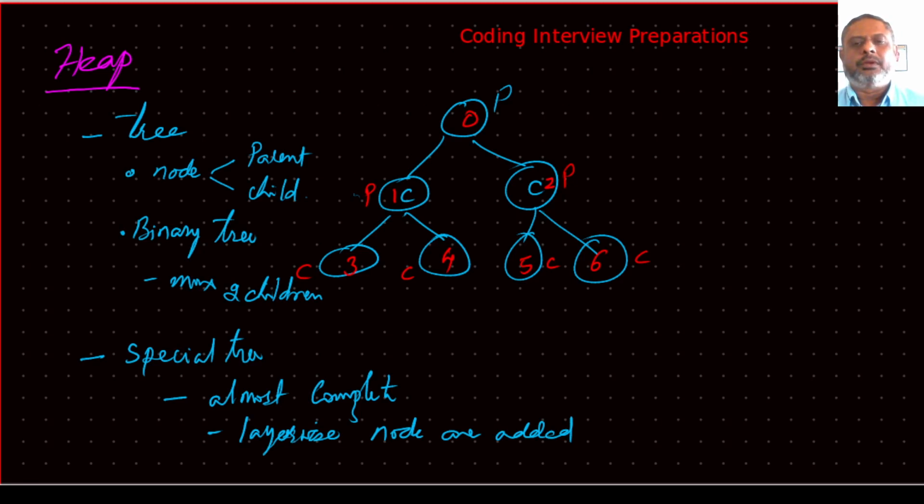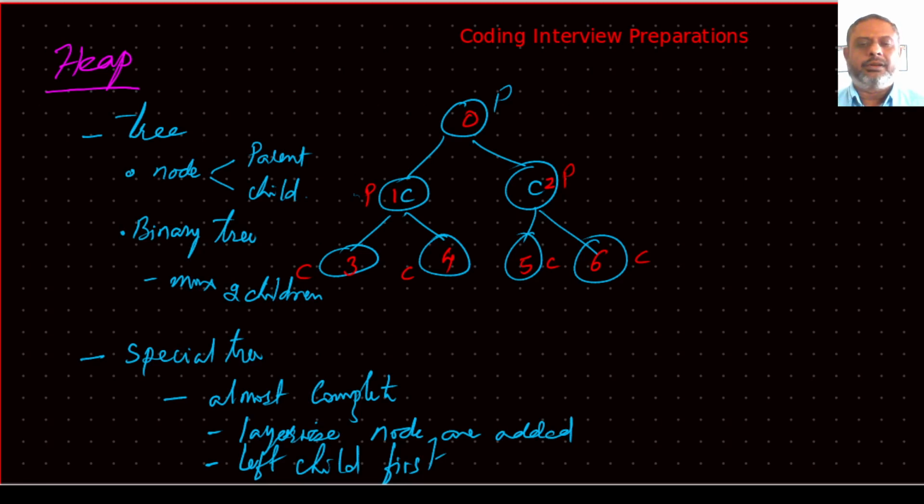And if you see the order in which the numbering is done, then the left child is defined first. So for node 0, its left child is called 1, right child is called 2.